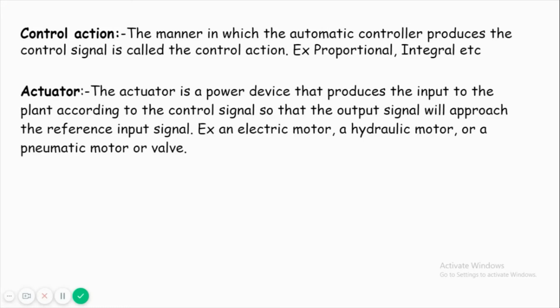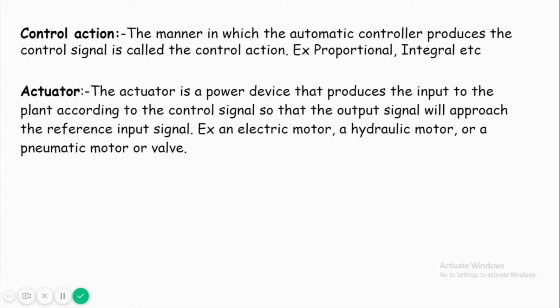So the next definition is of an actuator. We have seen in our example that the control signal coming from the controller is delivered to a unit named the actuator. So what does the actuator do? The actuator is a power device that produces input to the plant according to the control signals. Now, the control signal is a low power signal.